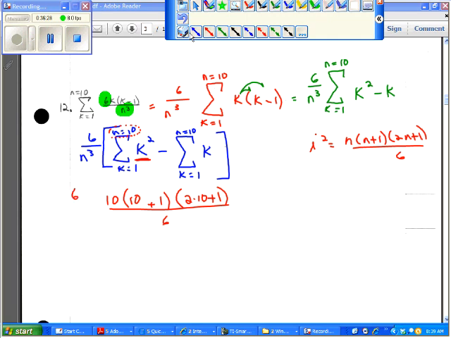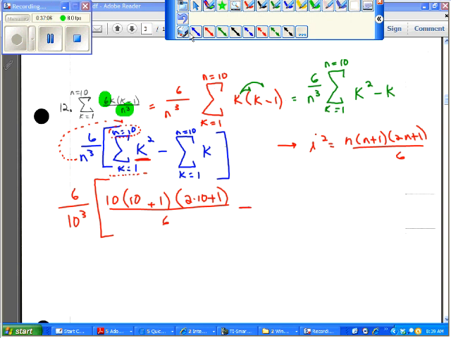Now, I've still got 6 over n cubed, right? But what's n? So I'm just going to rewrite that as 6 over 10 cubed, bracket. When I did the summation as k runs from 1 to 10 of k squared, I took my i squared expansion. n stands for upper bound. So I have 10 times 10 plus 1 times 2 times 10 plus 1 over 6.